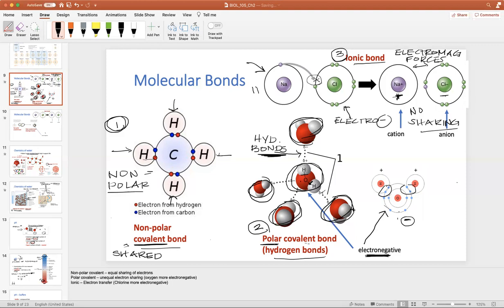And you see that here and here and here. Where we find these hydrogen-oxygen magnetic interactions, those are called hydrogen bonds, okay?